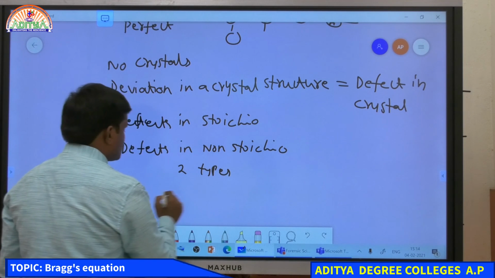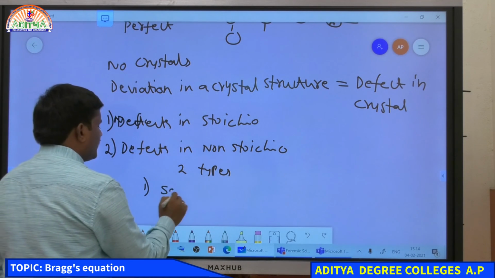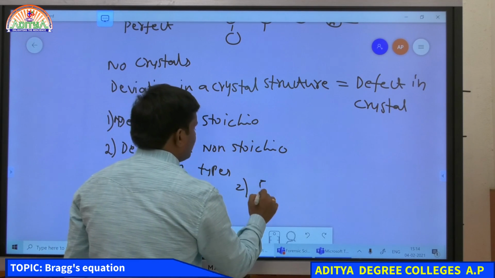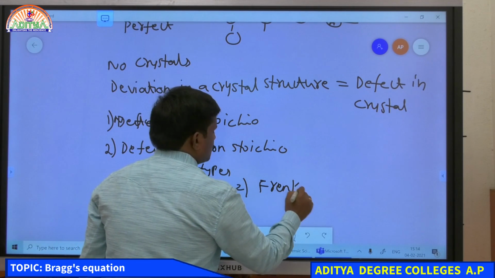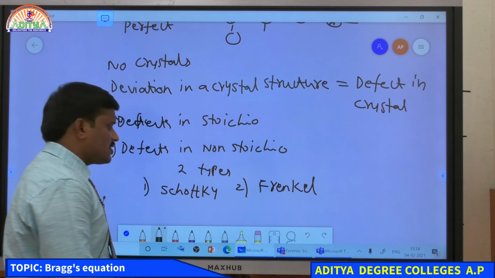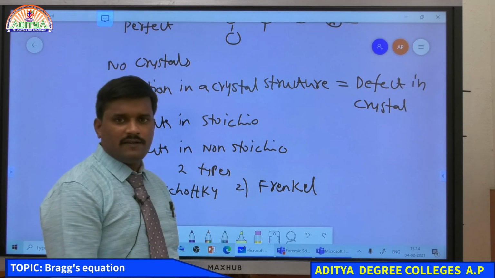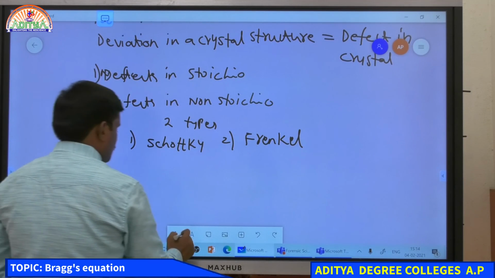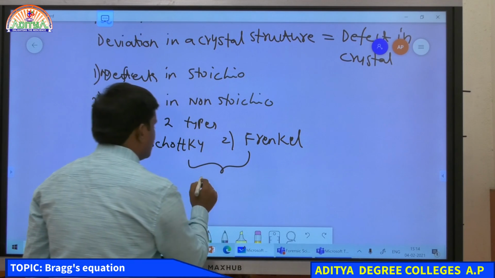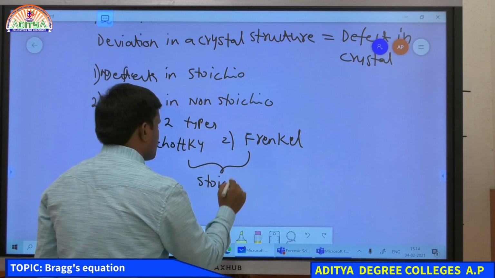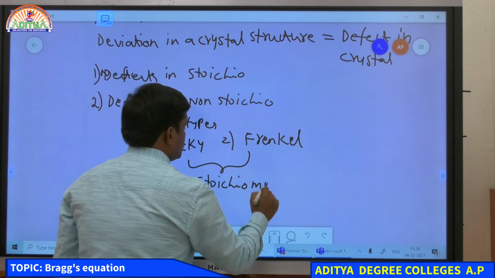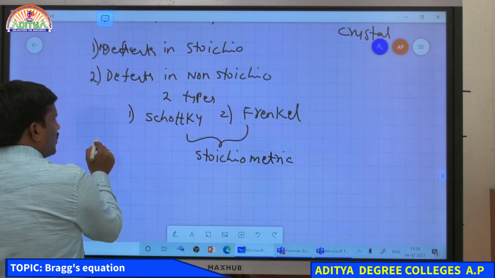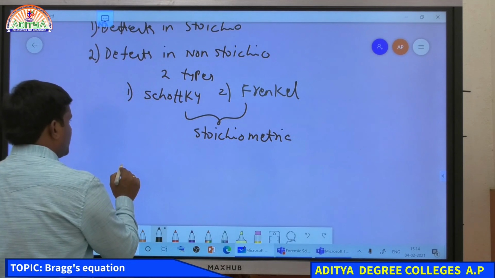I think it is already known that there are two types of defects. What are they? First one is Schottky defect and the second one is Frenkel defect. So every crystal undergoes either a Schottky defect or Frenkel defect, and these two types of defects are present in stoichiometric compounds. And also one more category in the case of non-stoichiometric compounds.